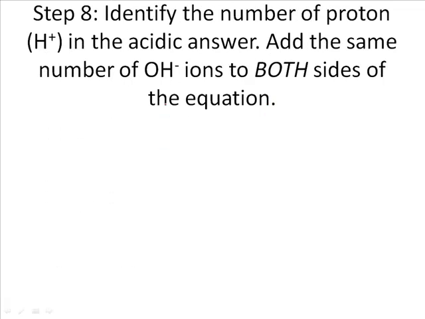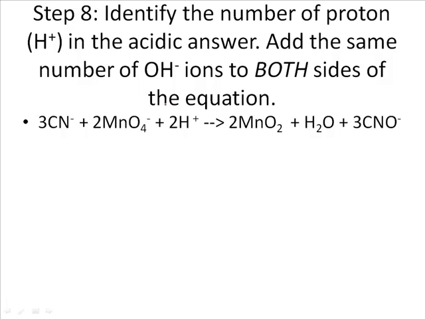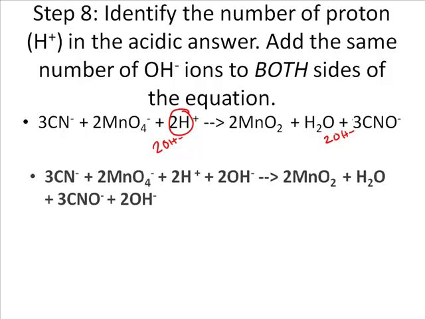Step 8 is identify the number of protons in the acidic answer and add the same number of hydroxide to both sides of the equation. So, since I have 2 H's here, I'm going to add 2 hydroxides to both sides of the equation. Okay?